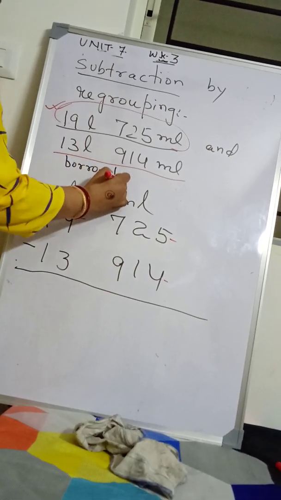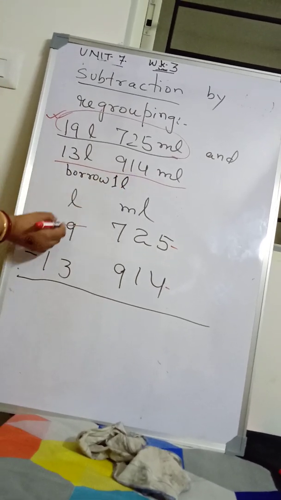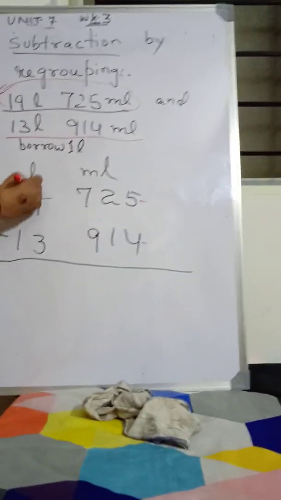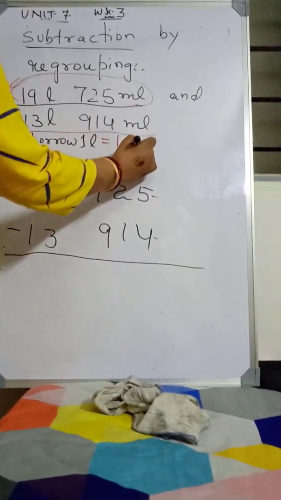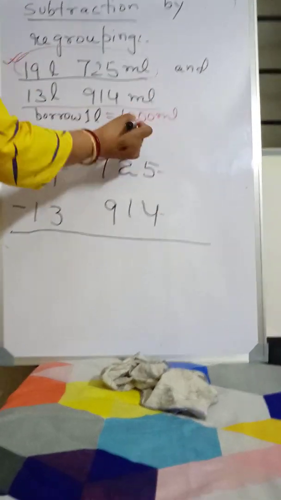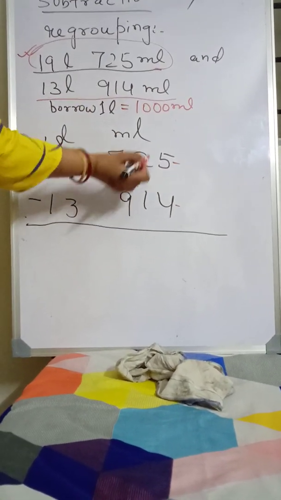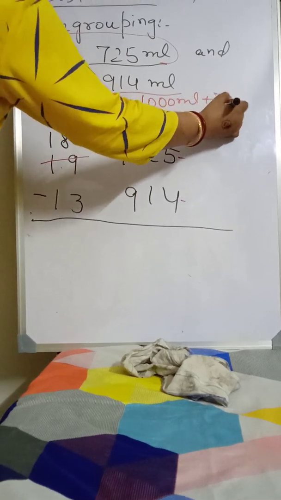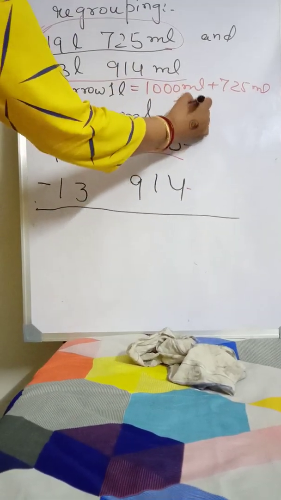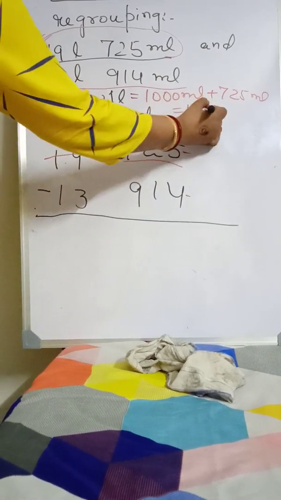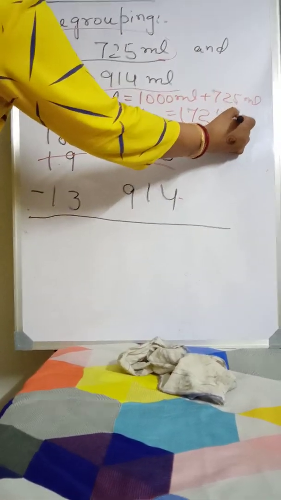So this 19 will reduce to 18. Now this 1 liter has 1000 milliliter, and this 1000 milliliter will be added with 725 milliliter. After adding, it will become 1725 milliliter.